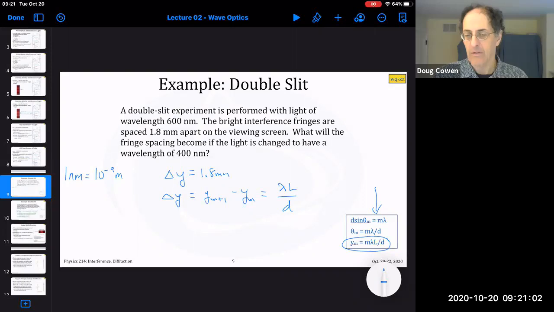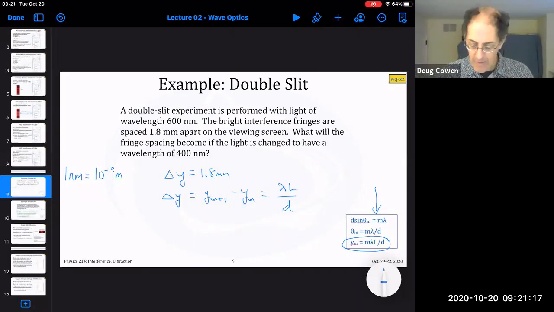So I strongly discourage you from trying to throw equations at a problem and see which one sticks. It's much better to try to understand the problem conceptually first and then figure out which equation is the right one to use to arrive at the answer.